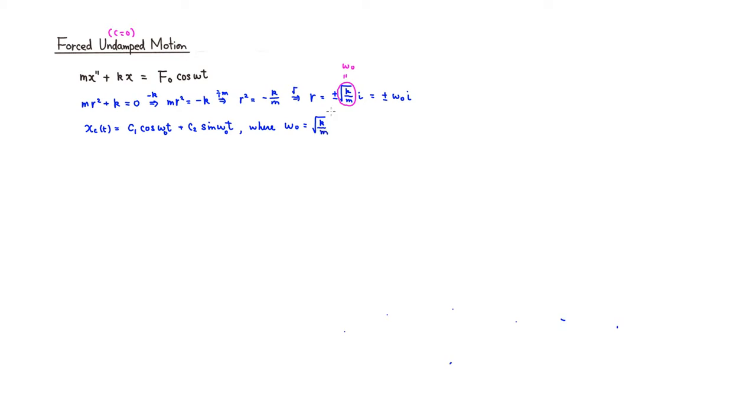Alright, so we got the complementary solution, and let's look for a particular solution. In this case, I'm going to assume that omega 0 is different from omega on the right hand side.